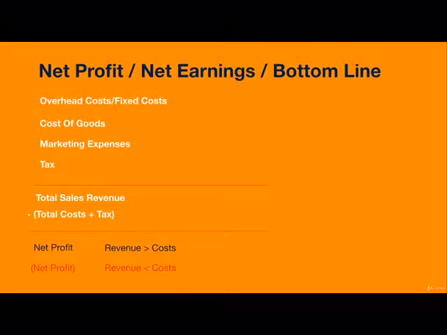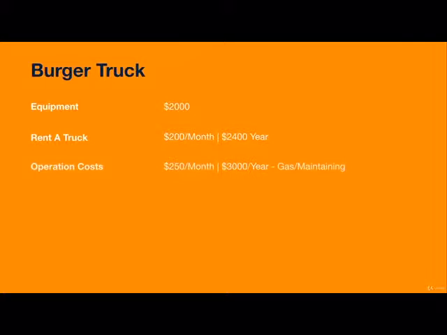Okay, so let's combine all those concepts into one small example. Let's calculate the required amount of investment for a simple burger truck. Let's assume that you buy cooking equipment for $2,000 and it's only a one-time payment. We rent a food truck for $2,400 a year, and it's going to cost you $3,000 a year to maintain.